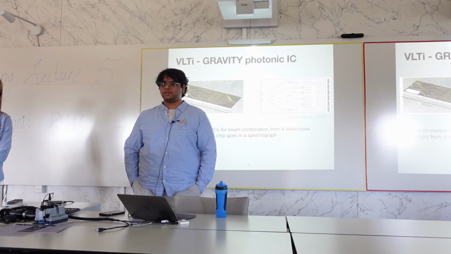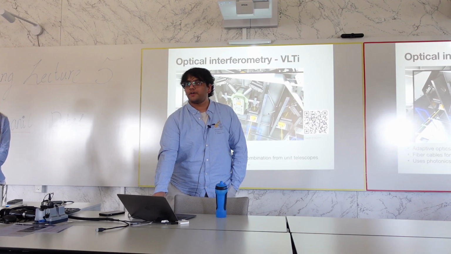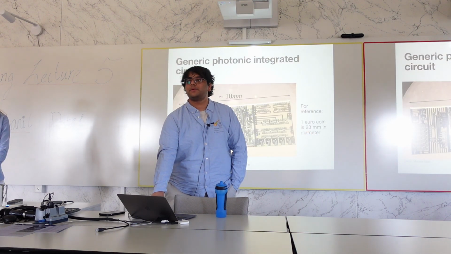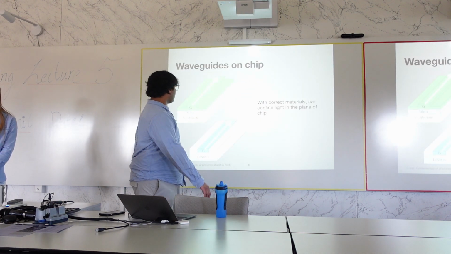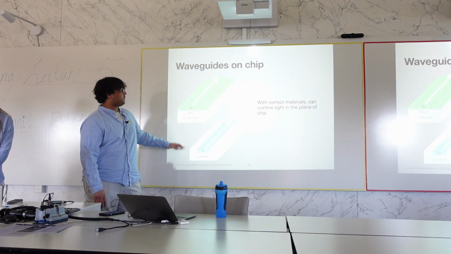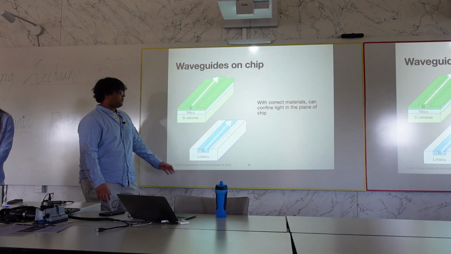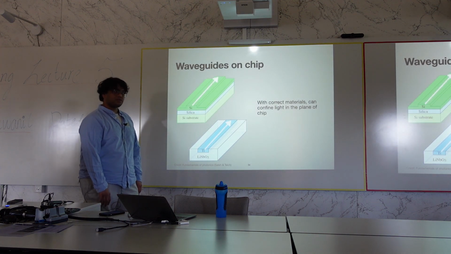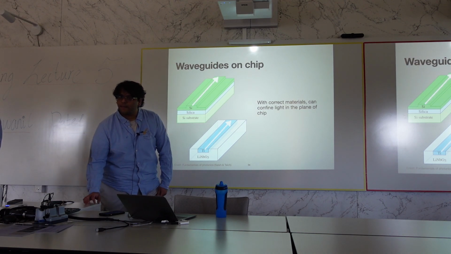I expected something like that, because in the visible it is very difficult, huh? Exactly. So for visible, you would have to use some different materials. Silicon on silica is really good for near infrared, so probably 1,000 nanometers to 2,000 nanometers. That is still infrared.